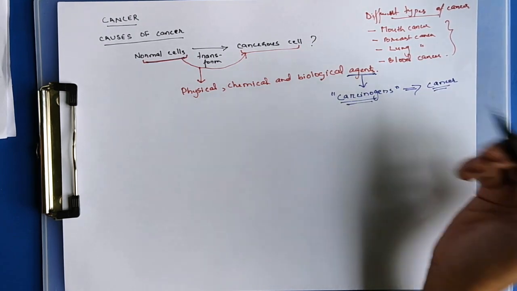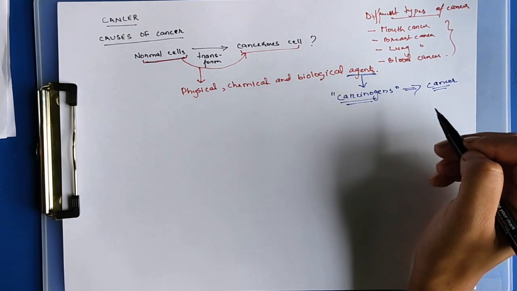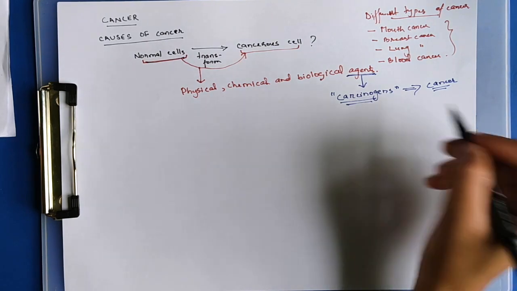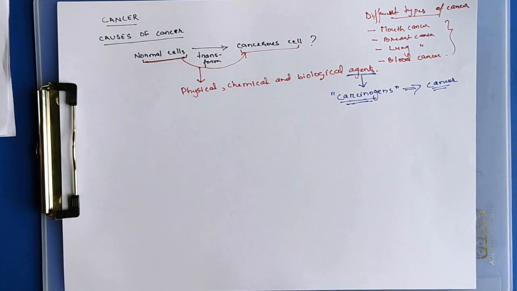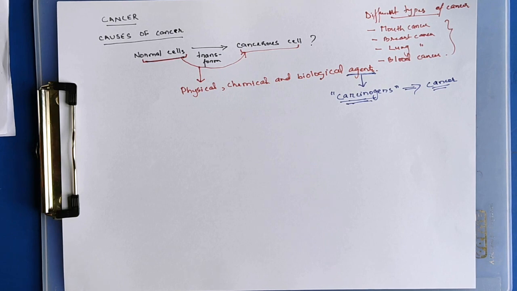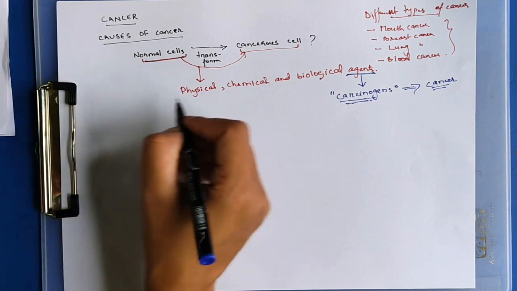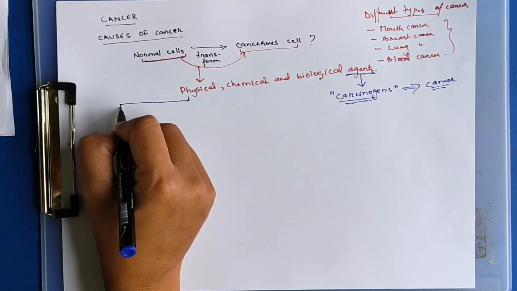For example, tobacco is a carcinogen because it can cause cancer. Carcinogens are the agents or substances which cause cancer: the normal cells are transformed into cancerous cells, and they just keep on growing and dividing.